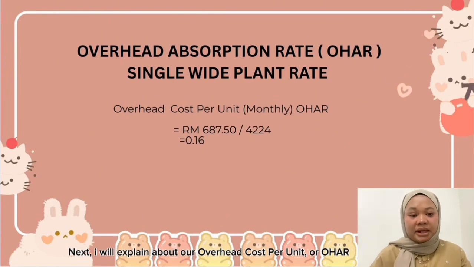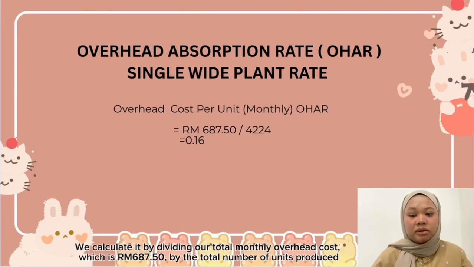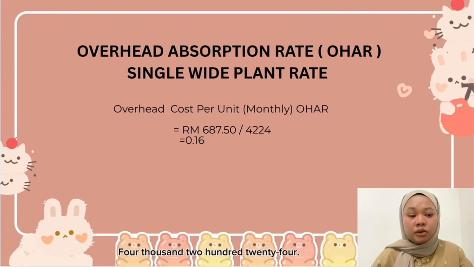Next, I will explain about our overhead cost per unit, OHR. We calculate it by dividing our total monthly overhead cost, which is 687 ringgit and 80 cents, by the total number of units produced, 4,224.